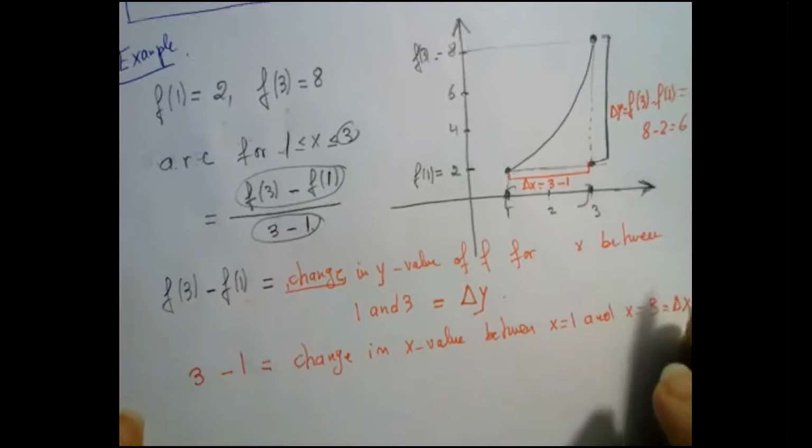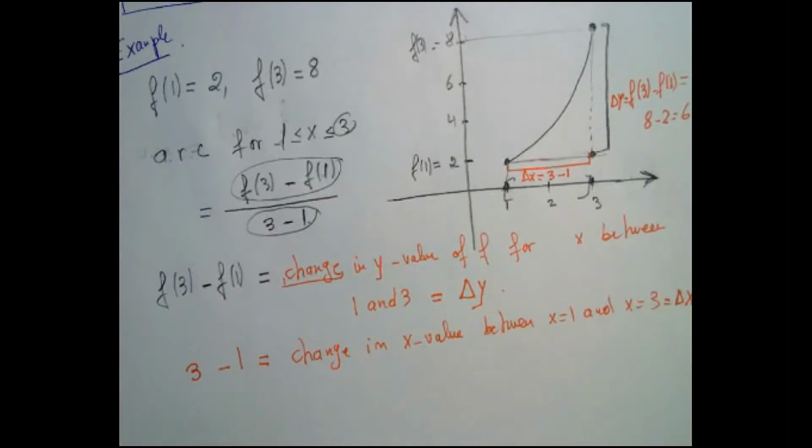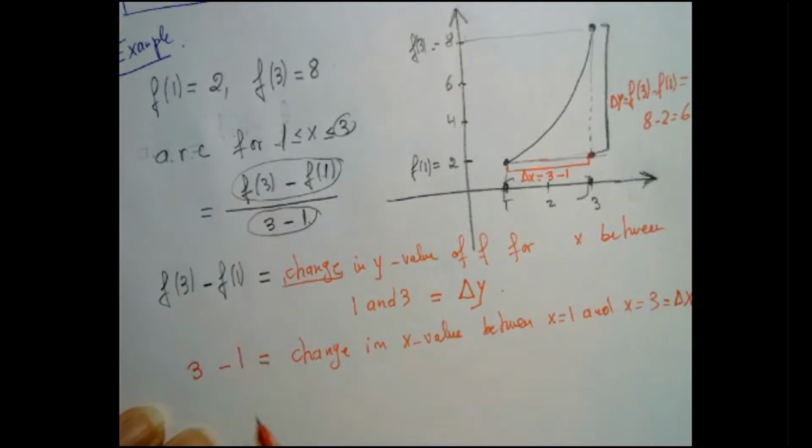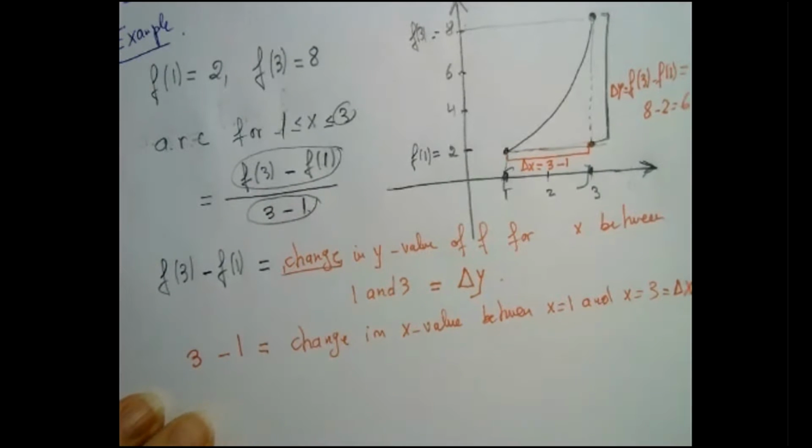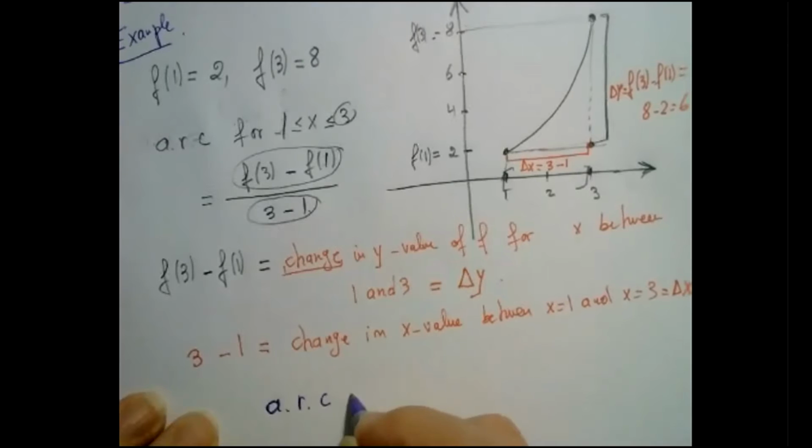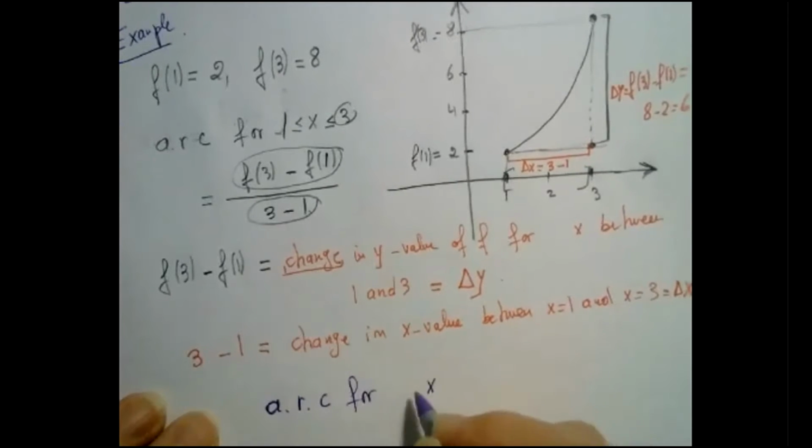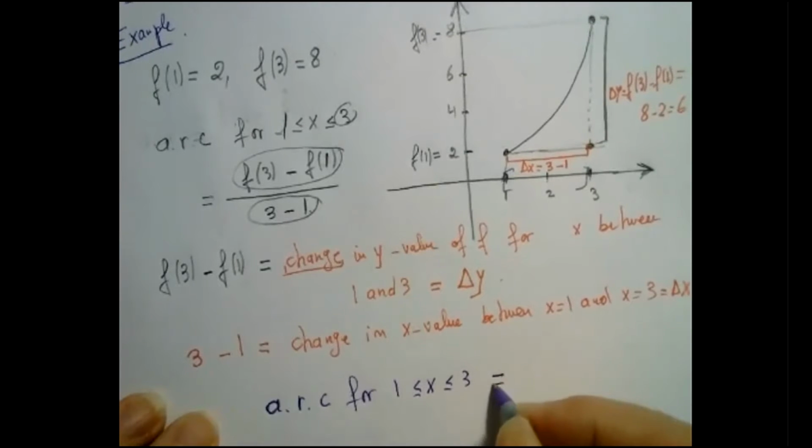All right. Now, with this being said, we start writing the average rate of change of this function f for x between 1 and 3. Sometimes we write it as the following.